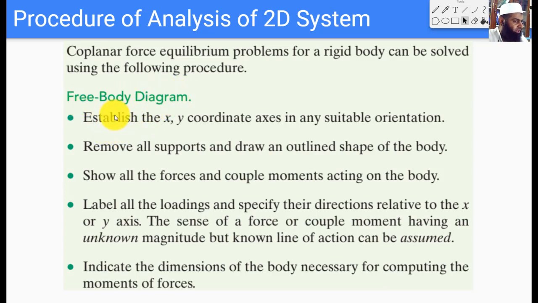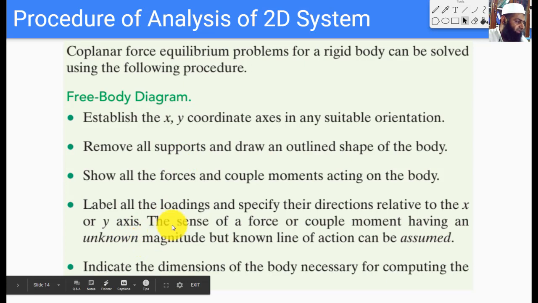this is where all of our knowledge from the previous chapter would come in handy about how to draw a free body diagram. A few important points here: in drawing the free body diagram, anytime we have any supports connected to our rigid body, we would remove all of the supports, and we would represent all the supports with the corresponding reactive forces, with unknown forces, as we have looked at in this lecture and the previous lecture.